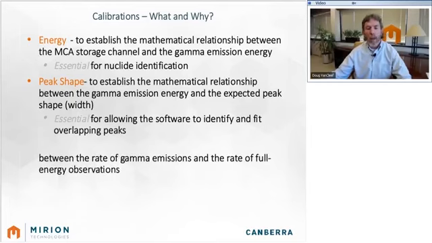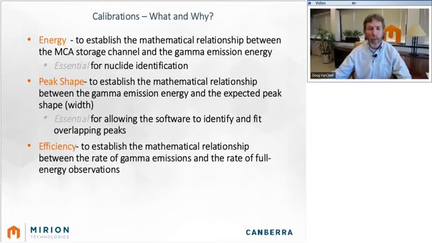The third type of calibration is called an efficiency calibration, which establishes the relationship between gamma ray energy and detector response. That response is the mathematical equivalent of the ratio of gamma rays emitted from the sample and those fully absorbed in the detector.